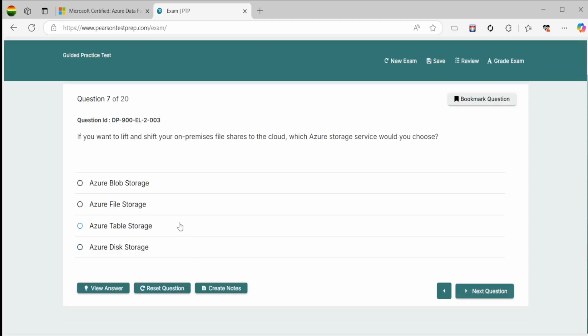If you want to lift and shift your on-premises file shares to the cloud, which Azure storage service would you choose? Blob storage, file storage, table storage, or disk storage? To lift and shift an on-premise file share to the cloud, there's only one of these that deals with file shares.